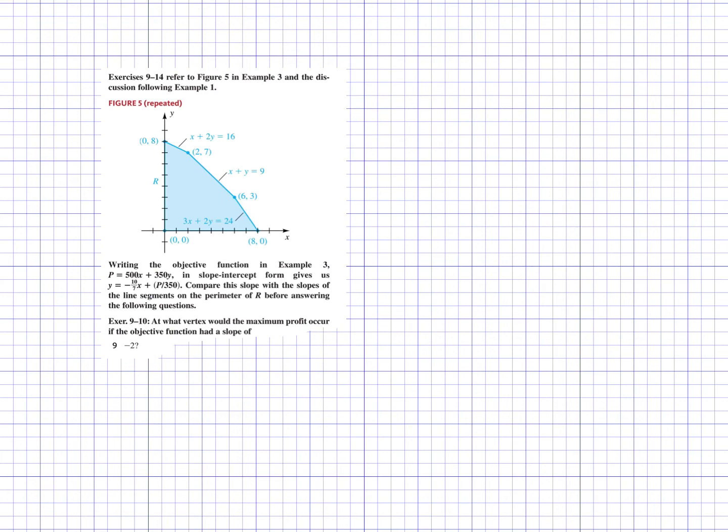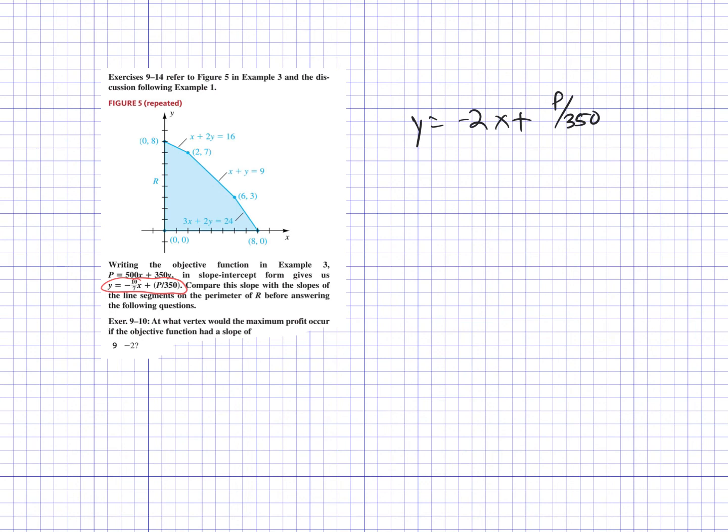Okay, so if we look at negative 2 as our slope in this equation, y equals negative 2x plus p over 350, we solve for p and figure out what our maximum profit would be at each of the vertices.